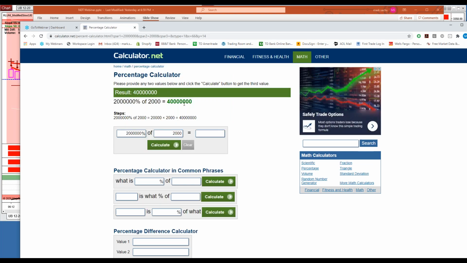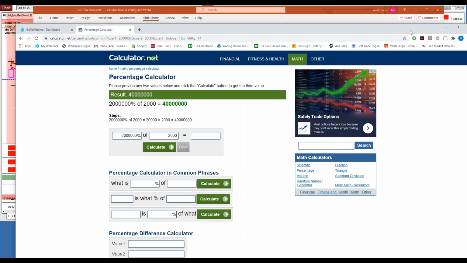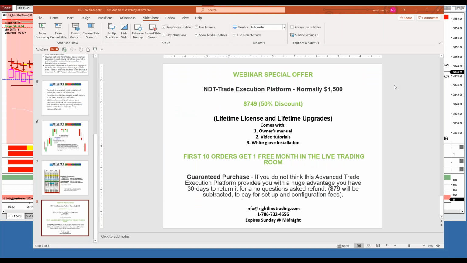There's the number. It's 40,000%. Hopefully I'm giving you the idea. These are numbers that are just not achievable by anybody in the world. You can't take 2,000 and turn it into 2 million. It's impossible. It's about 100 doublers in a row. And these are the people that litter the internet.